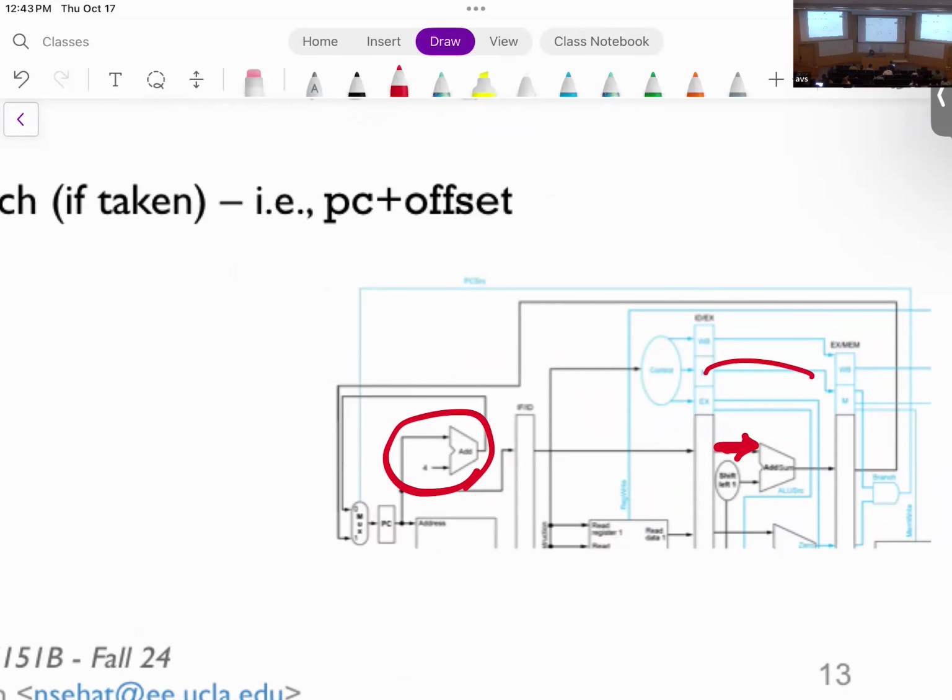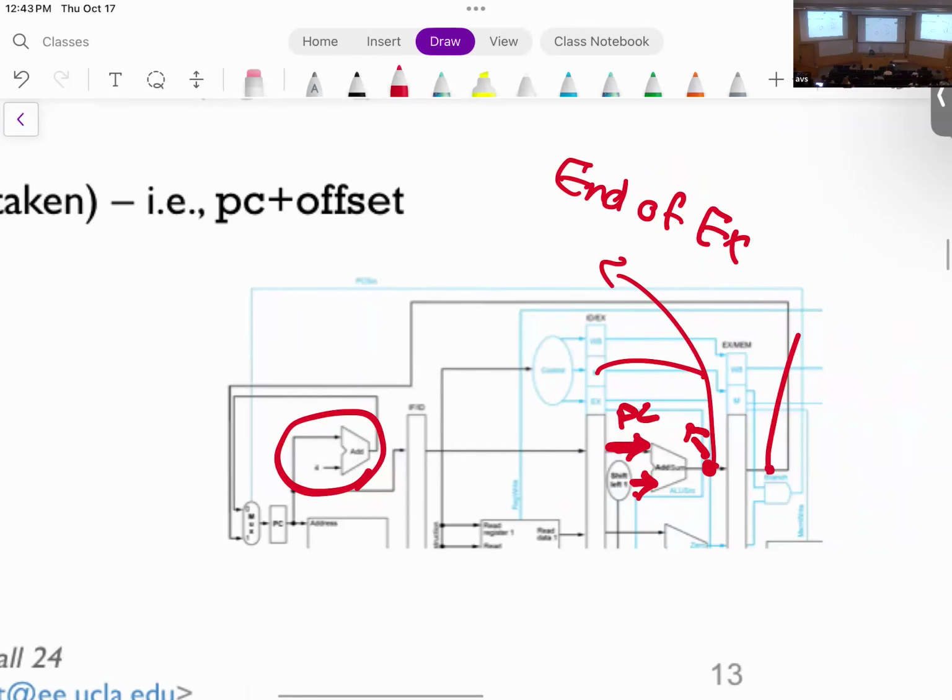So this is the immediate value, and this was the PC, and this was the offset. So at this point, we have the PC plus offset, which I can get at the end of the execution stage, or in other words, at the beginning of the mem stage. Okay, so that's when I know the exact value of PC plus offset.